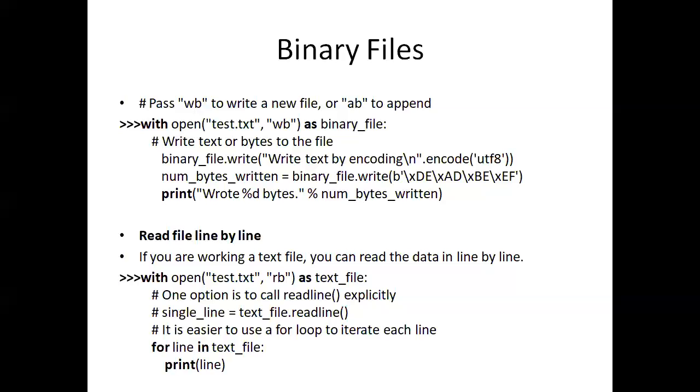With the help of B, we can convert. At the time of writing, in the write method, initially you need to mention B, and then the string. Otherwise, with the help of encode of UTF-8, we can convert the string into binary format. So you can use either the first one or the second one.